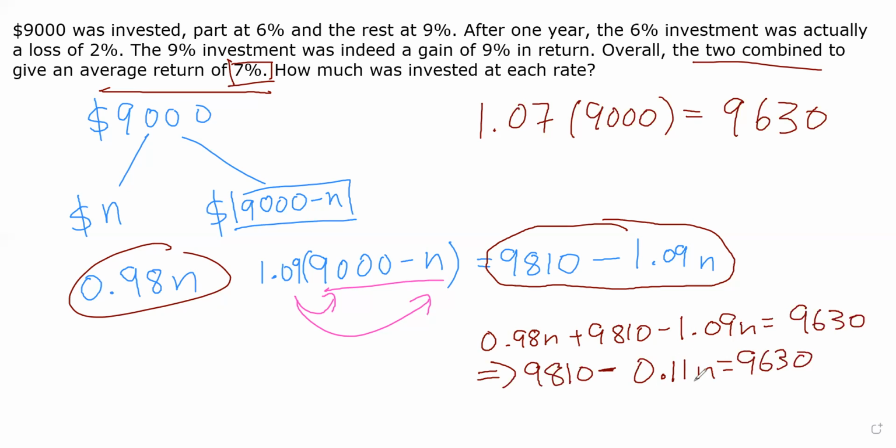Okay, so now we can add 0.11N on both sides, and then we can subtract 9,630 on both sides.